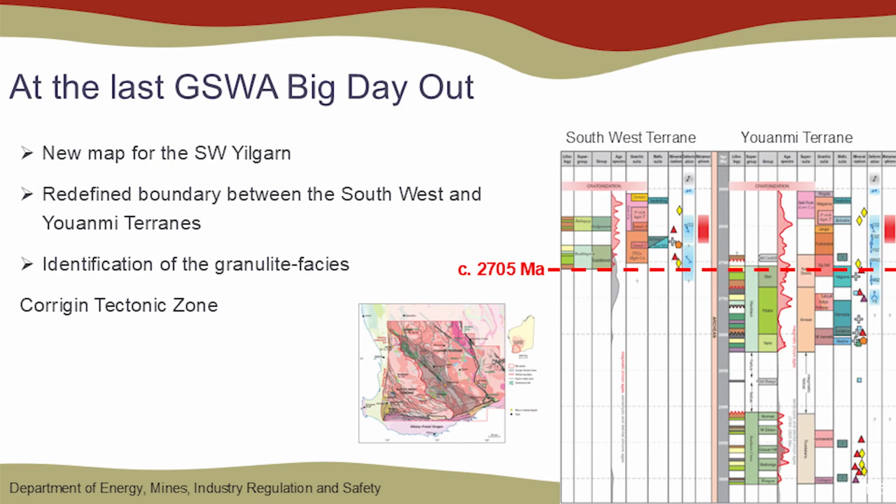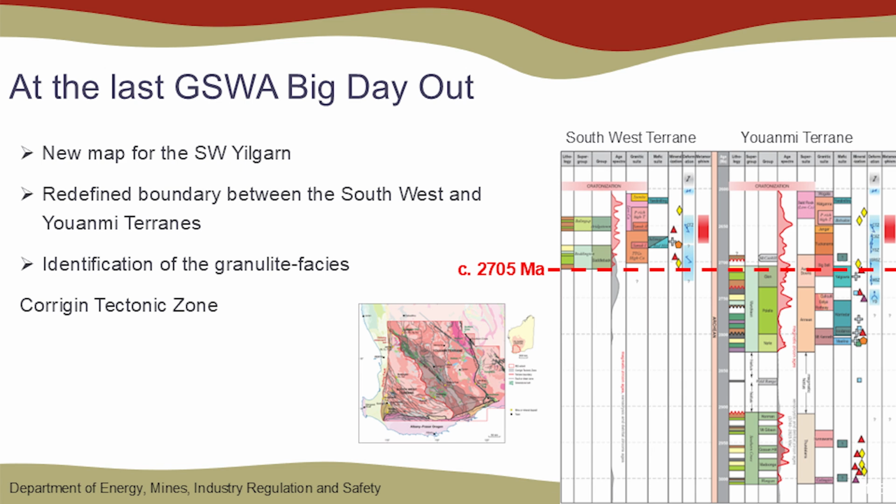So as an introduction, I just want to start again where we stopped 2 years ago when I came to present this map. So we produced this map for the Southwest Yilgarn. This was a complete new interpretation, and one of the main outcomes of this mapping was the redefinition of the boundary between the Southwest terrain and the UNME terrain.